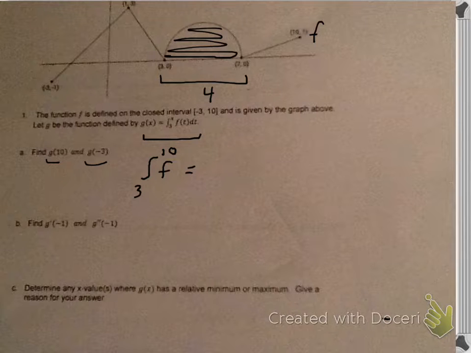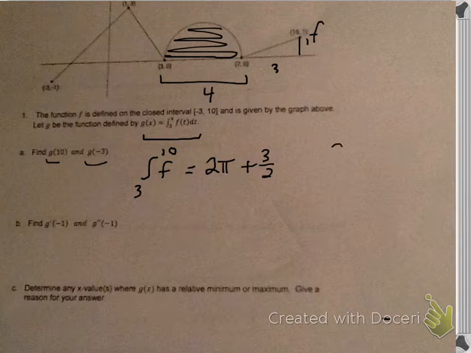If it was a whole circle, the area would be 4 pi. It's a half circle, so that area is 2 pi. And then we have a 3 by 1 triangle, which means that area is 3 halves. So g of 10 is 2 pi plus 3 halves.